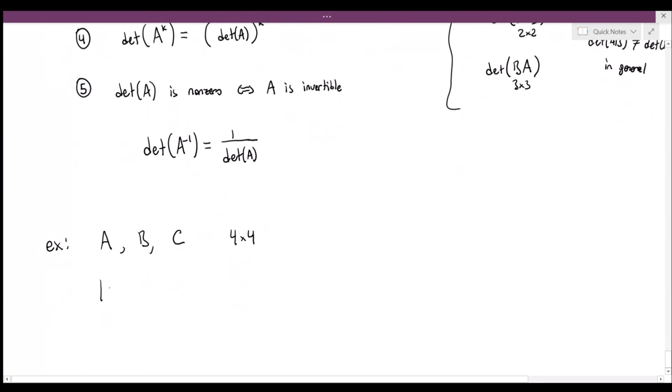And then let's say determinant of A is 3, determinant of B is -2, determinant of C is maybe 4. And then I want to know what is the determinant of 2A transpose B squared and C inverse.